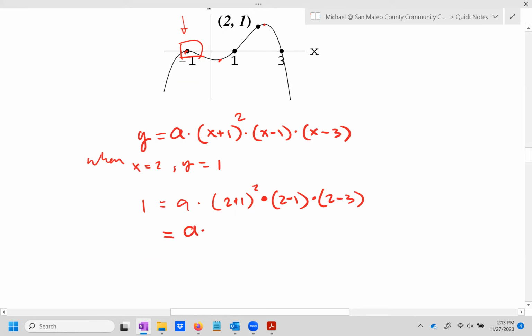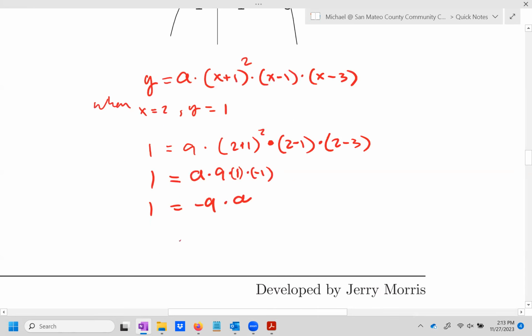And I get 1 must equal a times 3 squared, which is 9, times 2 minus 1 is 1, times 2 minus 3 is negative 1. So I get 1 is equal to negative 9 times a. And therefore, what is a? A must equal negative 1/9.